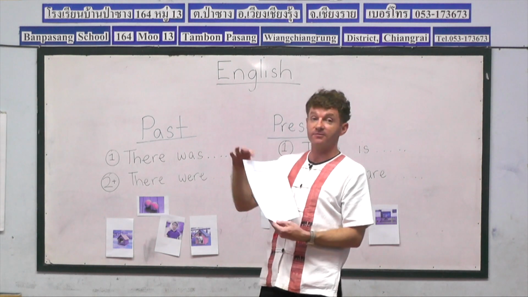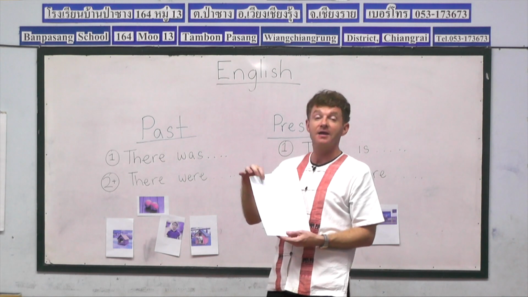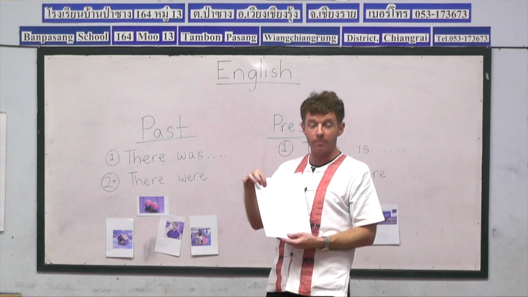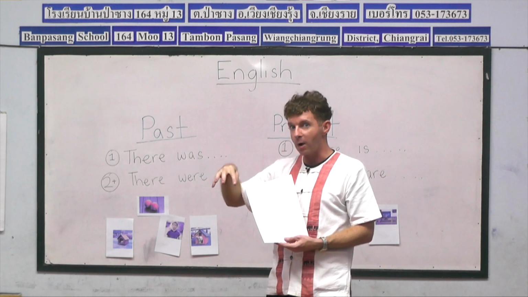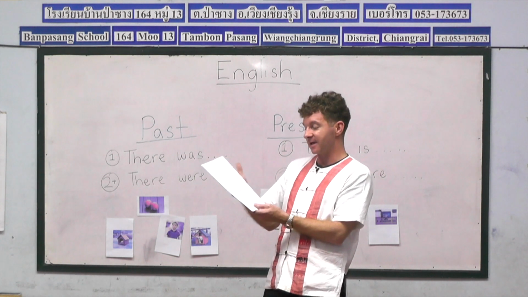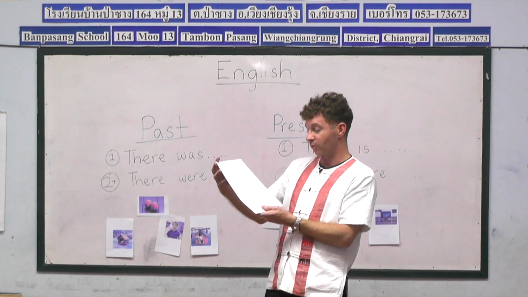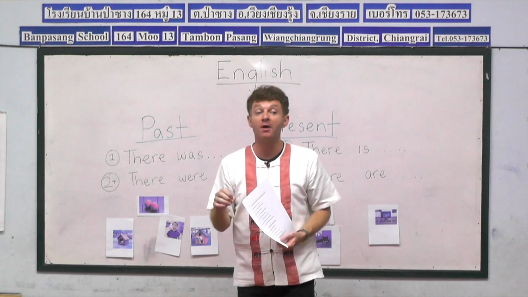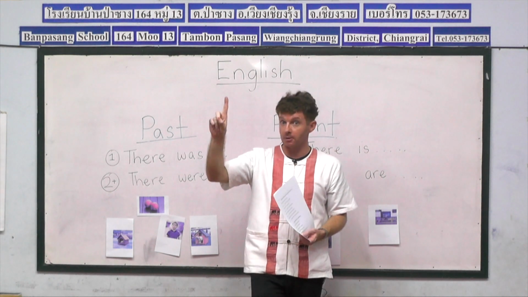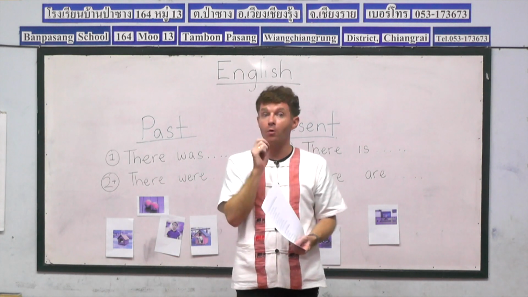For the first series of questions, our students have to decide the correct past tense form, plural or single. So is it was or were? And for the second exercise, we need to provide the correct sentence structure, there was or there were. Remember, there was singular, there were for plural, more than one.